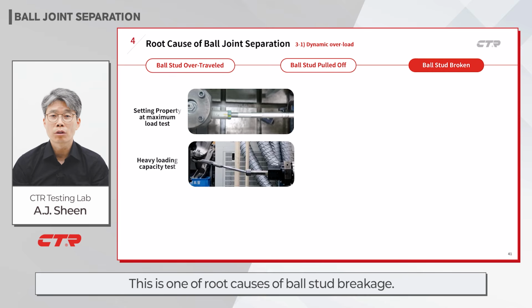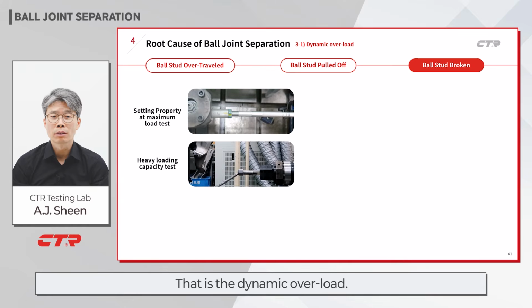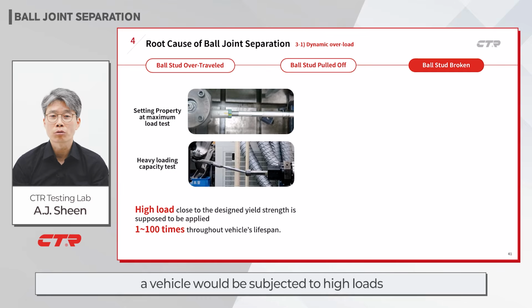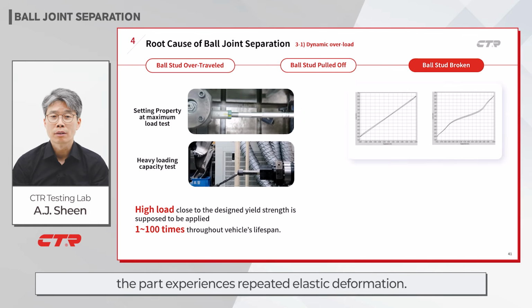This is one of the root causes of ball stud breakage, that is dynamic overload. In the automotive industry, joint suppliers conduct a kind of test based on the assumption that a vehicle will be subject to a high load close to its yield point 1 to 100 times over its lifetime. When a heavy load is applied, as shown in the video on the left, the part experiences repeated elastic deformation.